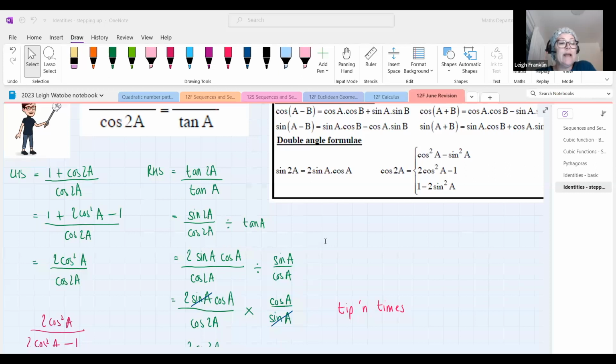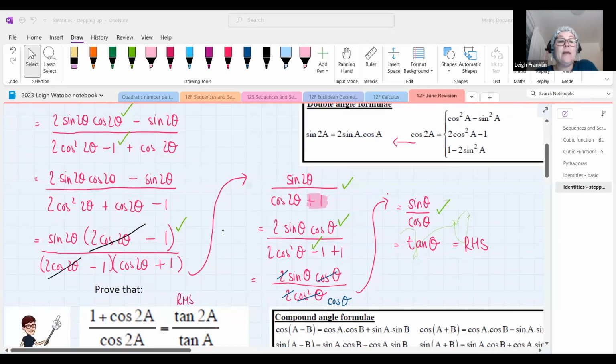In trigonometry, sometimes there are other ways that we can do things and sometimes there aren't. So in this particular case, there is nothing else that we could do with our 2 cos squared a at the top over cos 2a at the bottom. Over here, in this previous question, I didn't mention it at the time, but yes, there's another way in which we could approach this particular question.